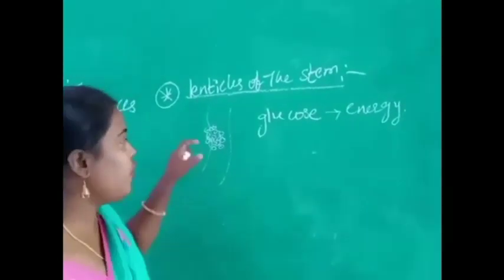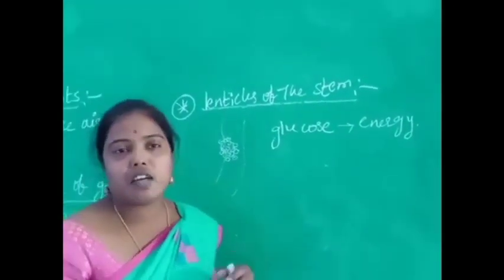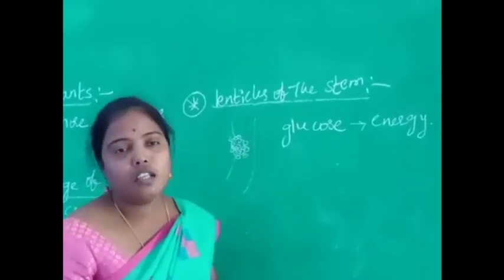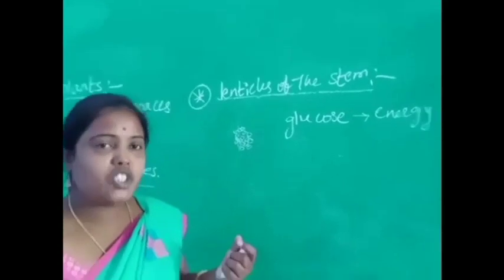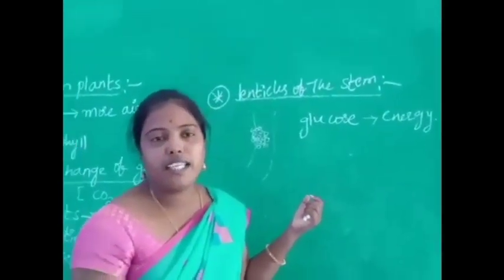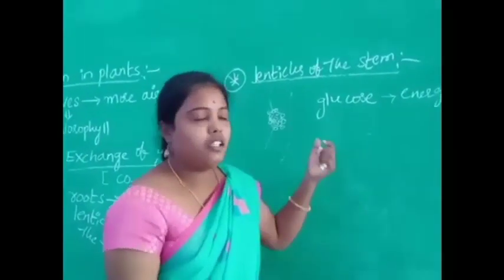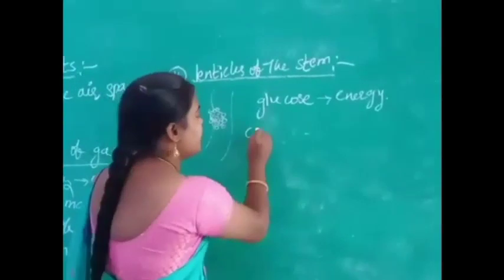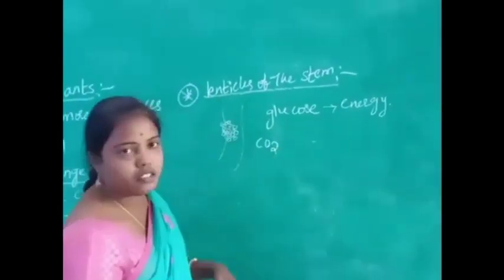So actually what happens here? The lenticels of the stem are filled with air spaces, and water is also dissolved in the air spaces. That's why this portion absorbs carbon dioxide gas from the surroundings.